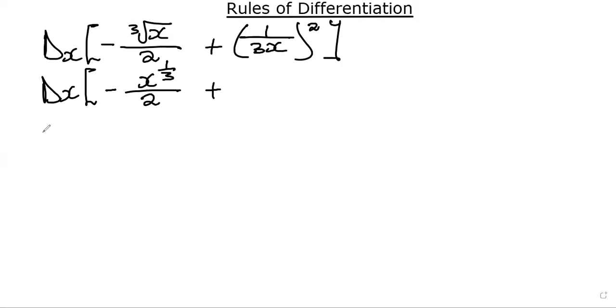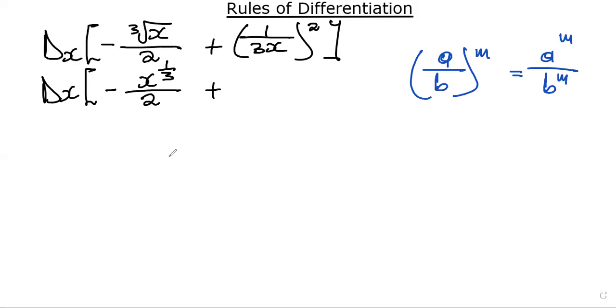And then here we just apply that rule of exponents that says if you have a over b and everything is raised to the power m, this is just a to the m divided by b to the m. But if we look at the denominator, it's a product of two things there. We have a constant and a variable.